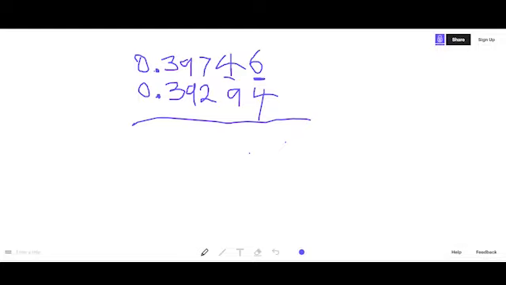6 minus 4 or 4 minus 6, anyone, we have 2. 4 minus 9 or 9 minus 4, we have 5. 7, we have another 5. 9 and 9 we have 0, 3 and 3 we have 0.